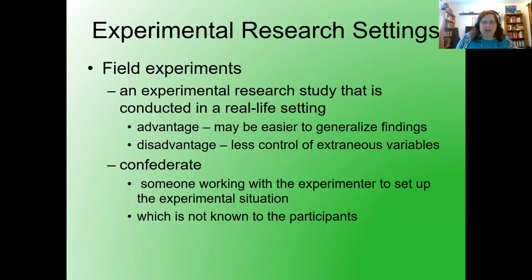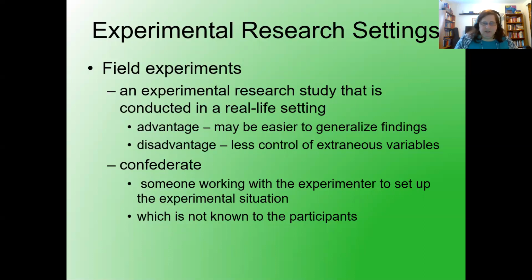Okay. So what's the IV here? Well, it's how this female confederate is dressed. She either wore formal work clothes with a lot of grooming and makeup and those sort of things, or informal sports clothes with less grooming.